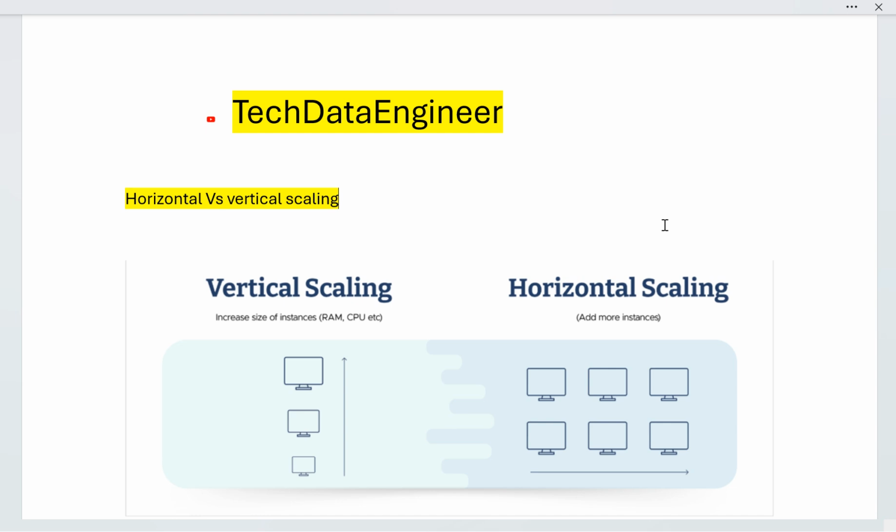But you don't have to increase the instances. You don't have to create a cluster or a different server. In the same existing server you can increase the capacity.